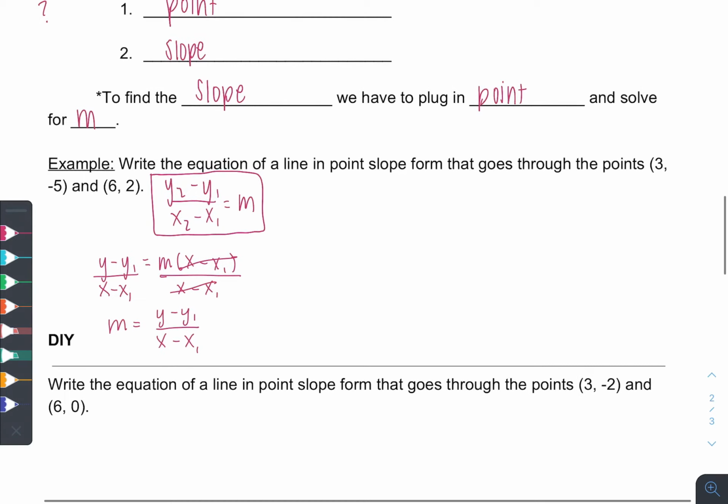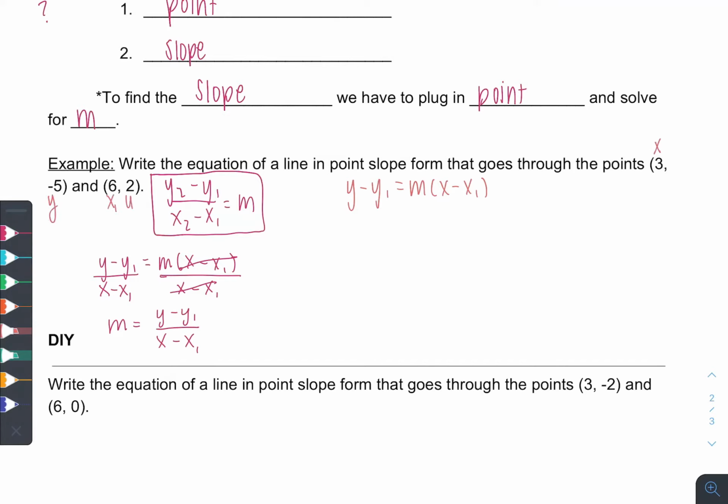So I've got y minus y1 equals m times x minus x1. So I'm going to call this x and y, and I'm going to call this one x1 and y1. So then we'll just plug and chug. So y is equal to -5. y1 is equal to 2.